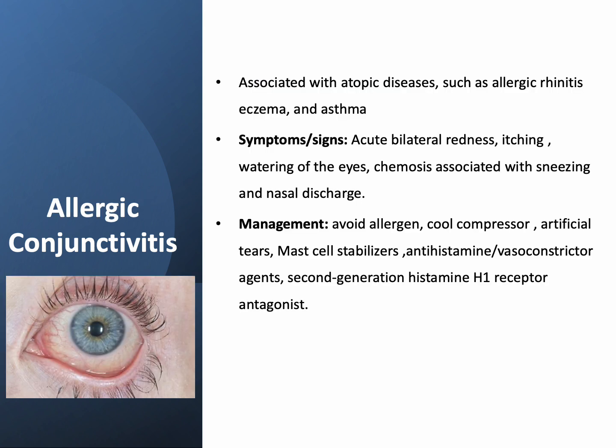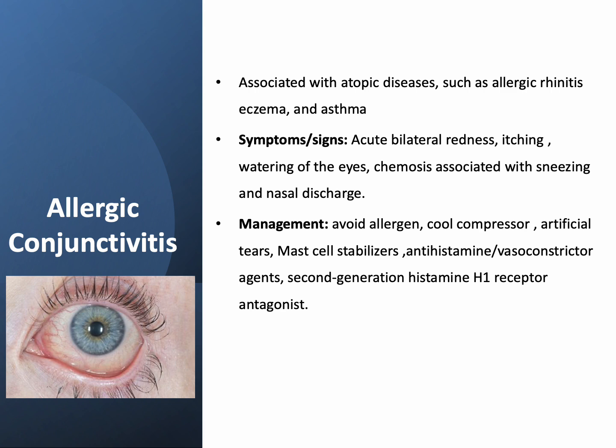The third type is the allergic conjunctivitis. It's usually associated with atopic diseases like allergic rhinitis, eczema, asthma. The patient usually comes complaining of acute bilateral redness, itchiness, which is the most important sign, and can come also with tearing and chemosis, sneezing, and nasal discharge.